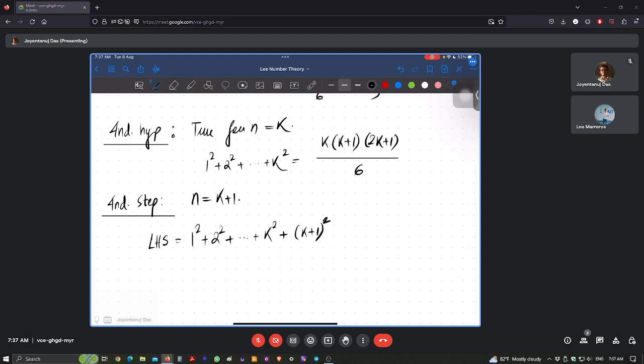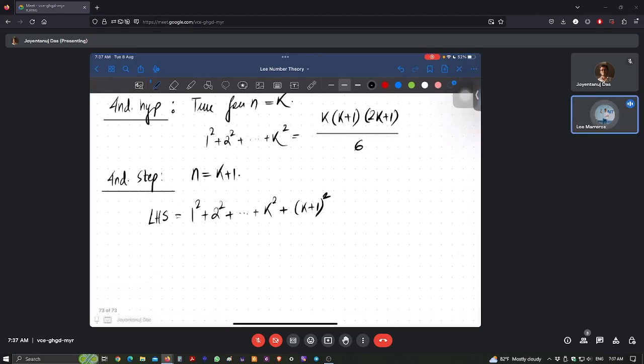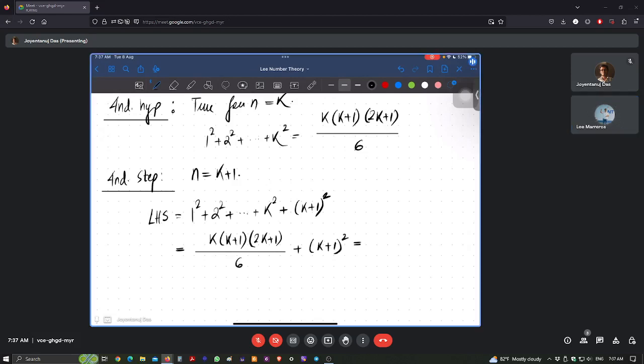Then we can just replace the sum with the hypothesis: k into k plus 1 into 2k plus 1 by 6 plus k plus 1 square. After simplification, what will happen?